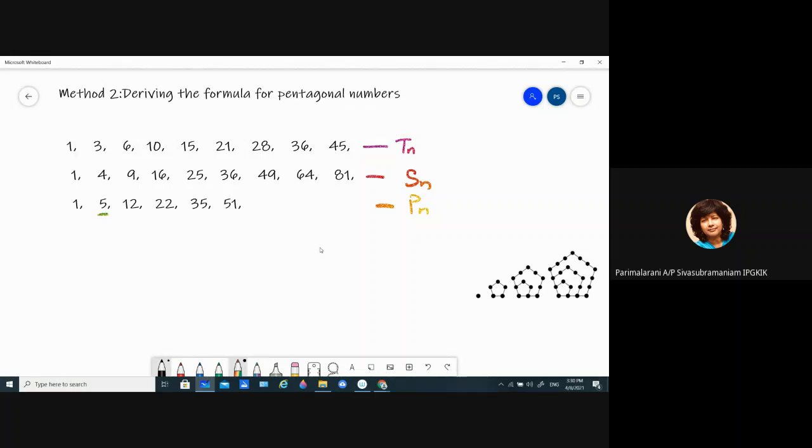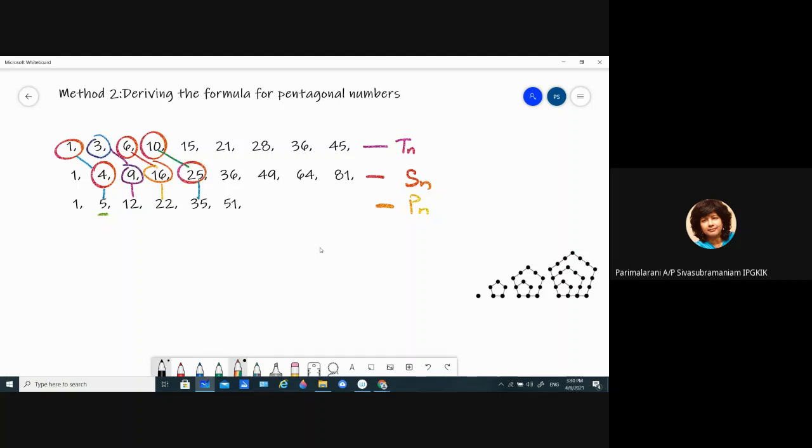What is 5? 5 is 2 plus 3, 1 plus 4. You can see a pattern here, right? 1 plus 4 is 5. So the next one will be 3 plus 9 is 12. 6 plus 16 is 22. 10 plus 25 is 35.